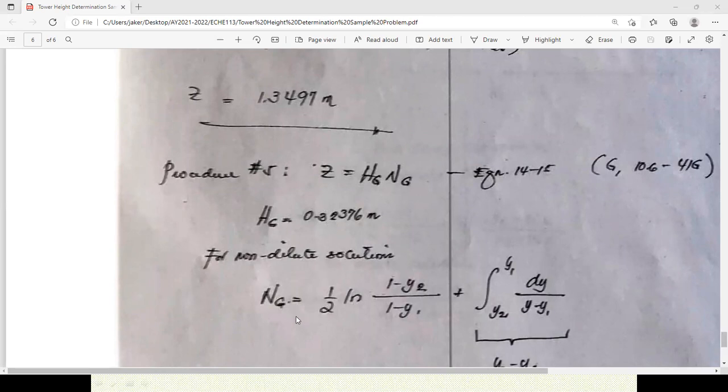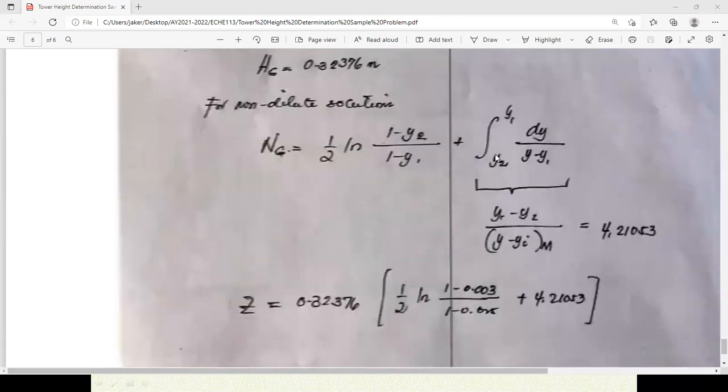Your NG for dilute solution is this one, and this particular integral, which can only be solved using numerical integration, has this as the equivalent. So good, because we know this already from procedure 1. And y1 and y2 are given in the problem. So if we substitute our answer here, this is 4.21053, and this is your 1/2 ln, you have y2 and y1, and this NG will be multiplied by HG, which is 0.32376.